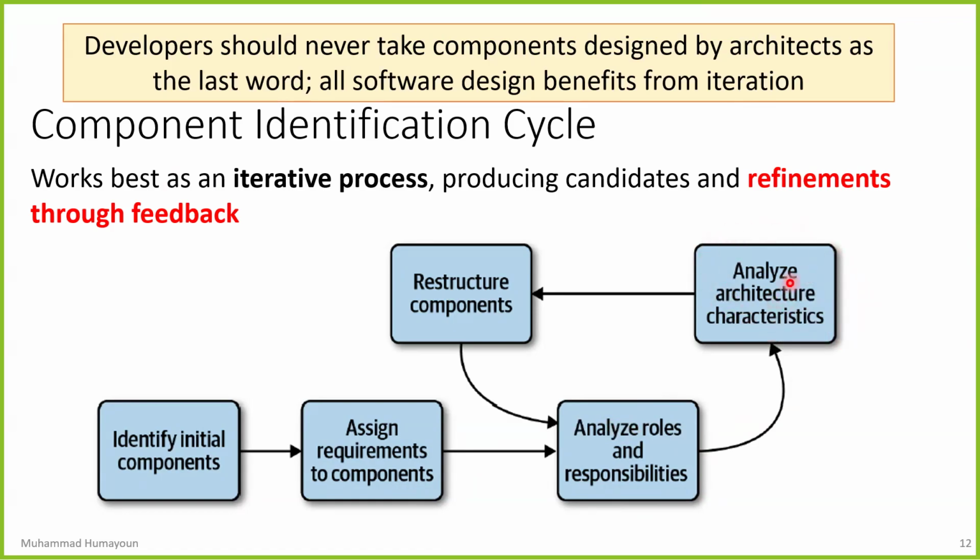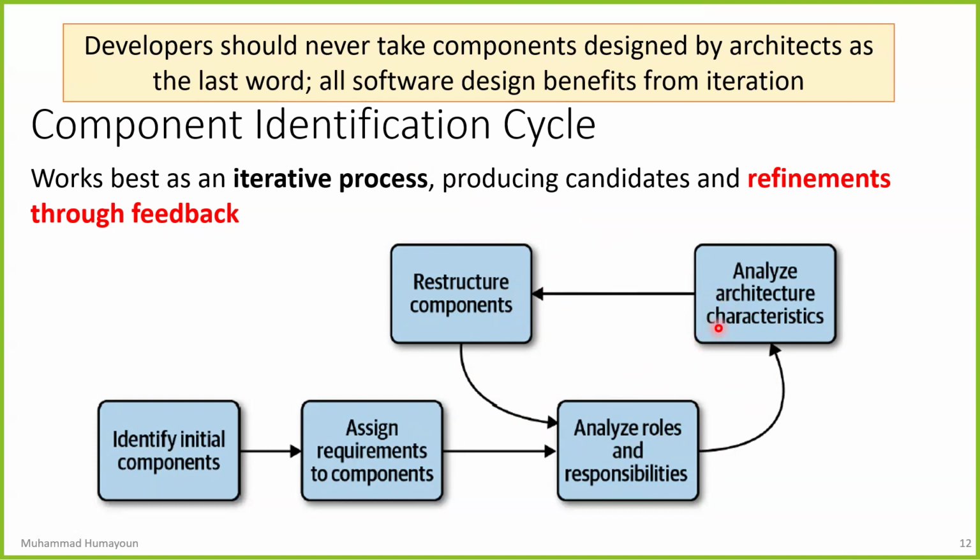And then based on these architectural characteristics and these roles, you may restructure components, and then you again analyze roles and responsibilities, you again analyze architectural characteristics, and you again restructure components, and you keep doing that until you are satisfied. This is happening between architects and developers. They are all sitting together, having multiple meetings, and trying to optimize their components.